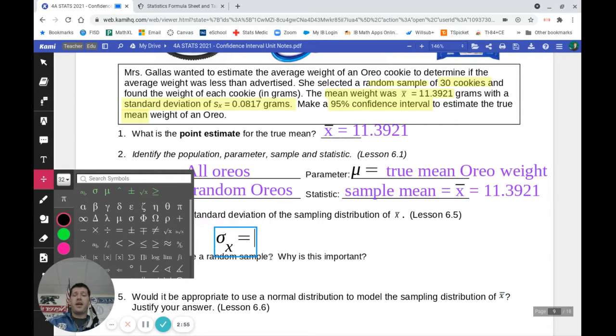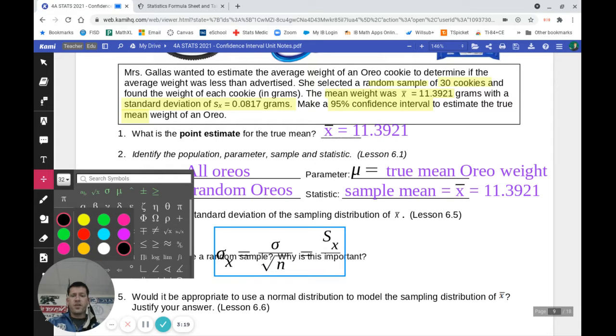The way we do that is we take the population standard deviation and divide it by the square root of the sample size. However, we don't know the population standard deviation, but we do have a sample standard deviation, s sub x, that Ms. Gallus provided. So we'll divide that by the square root of the sample size.